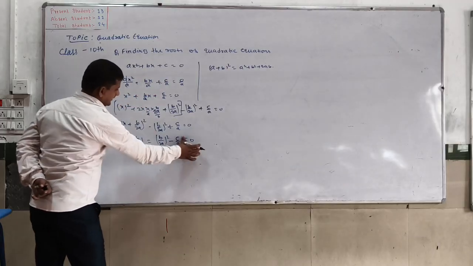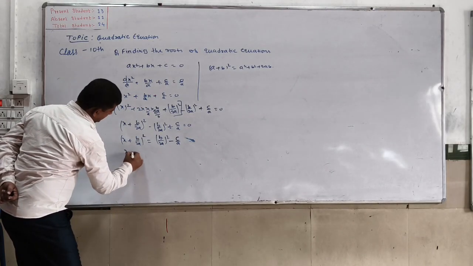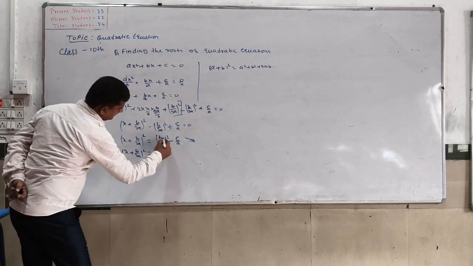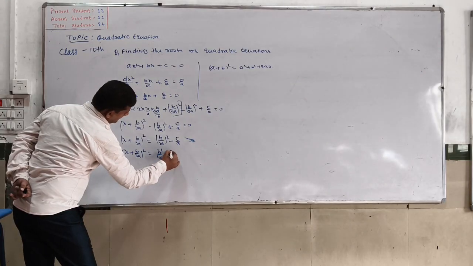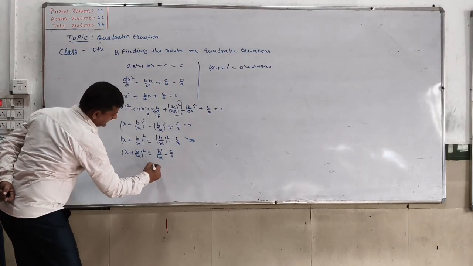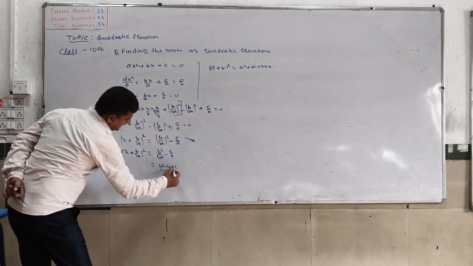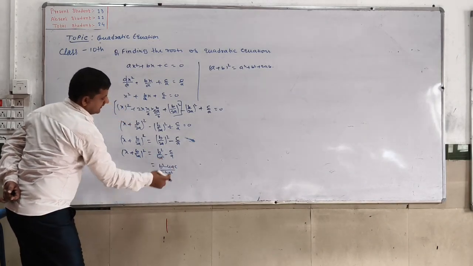So we are solving these equations. x plus b upon 2a whole square is equal to b square upon 4a square minus c upon a. Solving, b square minus 4ac. Taking the LCM, we get 4a square.